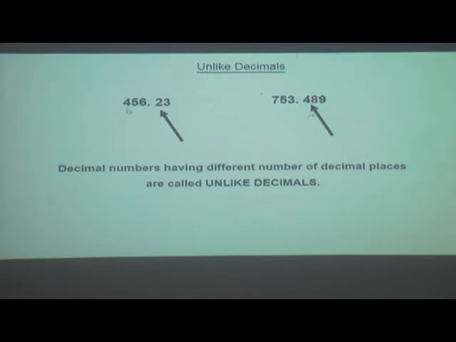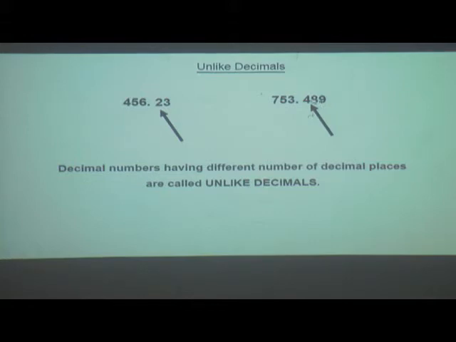But here we are comparing two numbers which have different decimal places. Here we have 456.23, and here is 753.489. So here 2 digits, here 3 digits, or we can say 3 places.